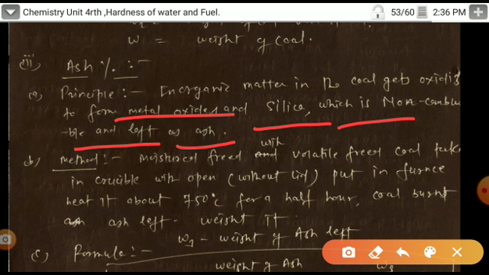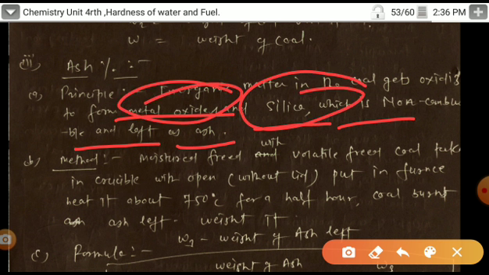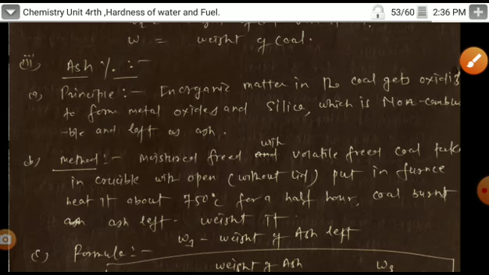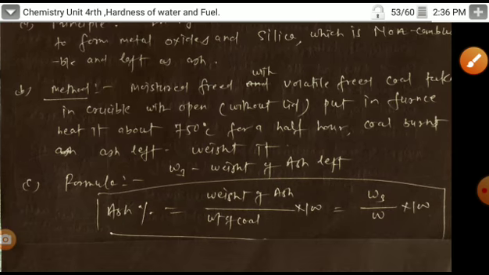What are the ash substances present after the burning of the coal? They may be in the form of metal oxides which are not burned, and in the form of silica. These materials are not responsible for burning and remain as the ash content of the coal. What is the method to determine the ash content?